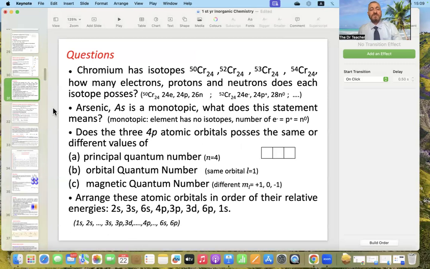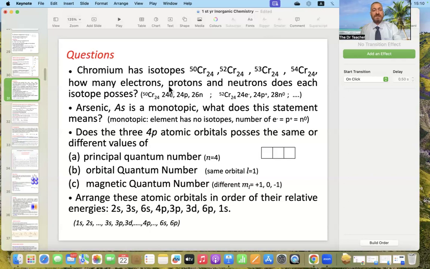Questions. Chromium has isotopes: chromium 50, 52, 53, 54. That's the atomic weight, or mass number. The atomic number is 24 for all of them. How many electrons, protons, and neutrons does each isotope possess?